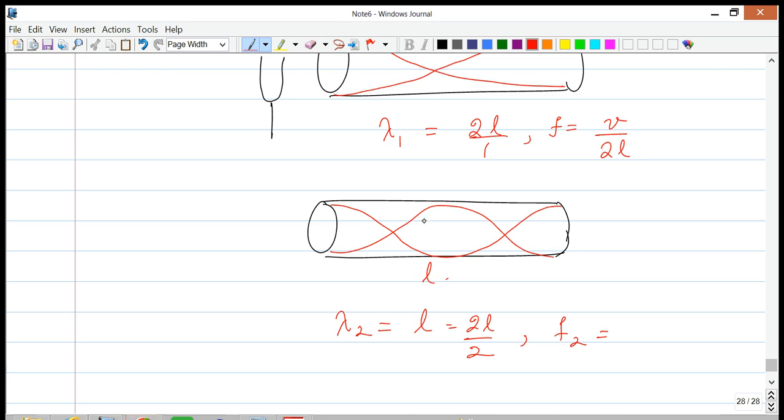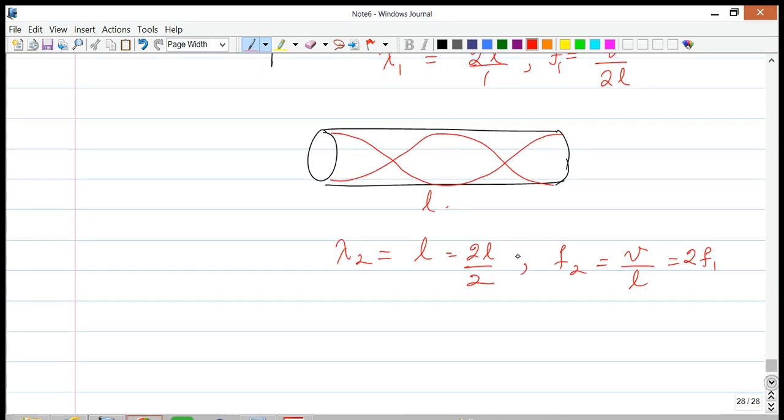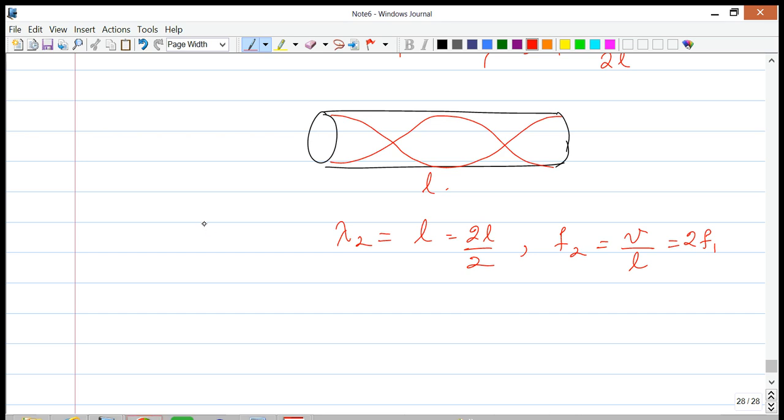My second frequency is equal to v over L, which is 2 times f1. For the nth harmonic, lambda n is equal to 2L divided by n, and my nth frequency is simply n times the fundamental frequency. So in this case, all the harmonics are present: the first, the second, and everything.